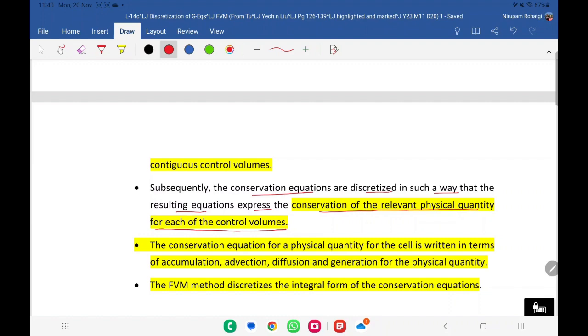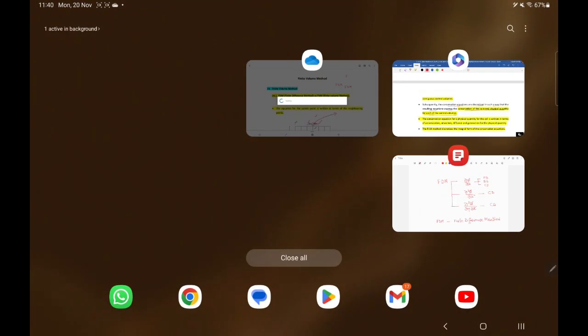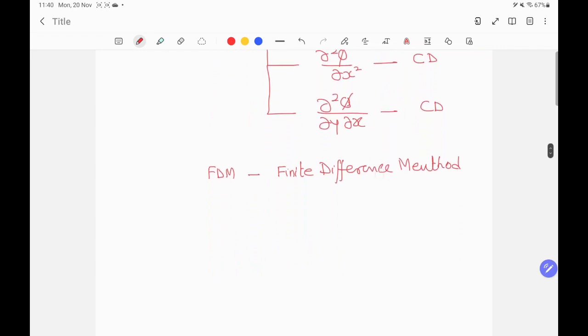Let me just highlight it again here. You have a partial differential equation, right? It is converted to an FDE, finite difference equation.